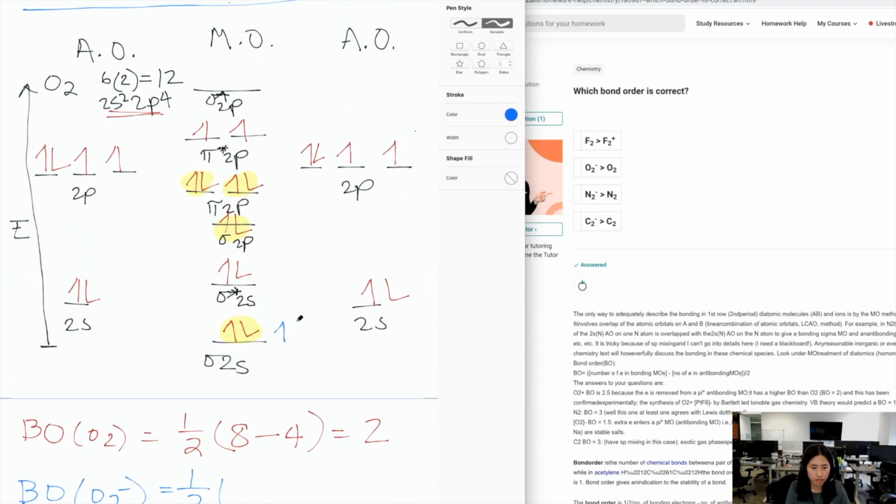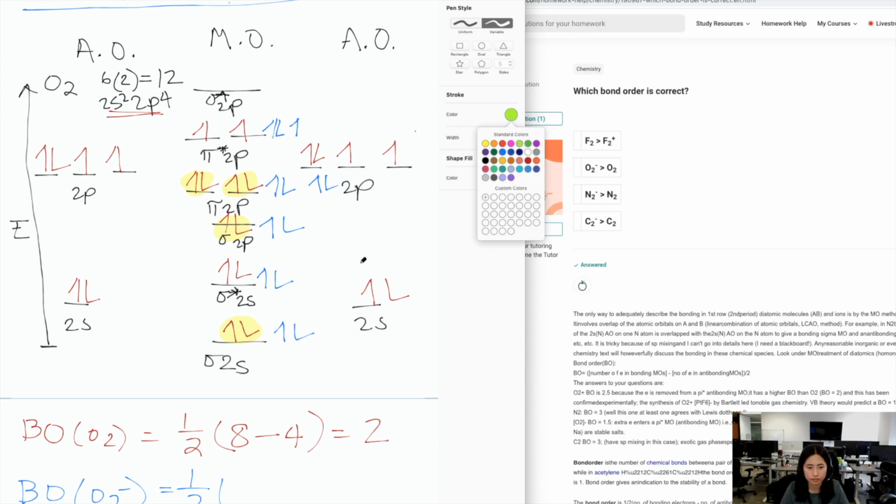So this is 1, 2, 3, 4, 5, 6, 7, 8, 9, 10, 11, 12, 13, and that's it, because it's only 13, right? So for bonding, oh my goodness, okay, sorry, that was the pen. I just realized. Okay, so highlighter here, it's in green. So bonding, there's 2, then you have 4, 6, and then you have 8, and that's it.